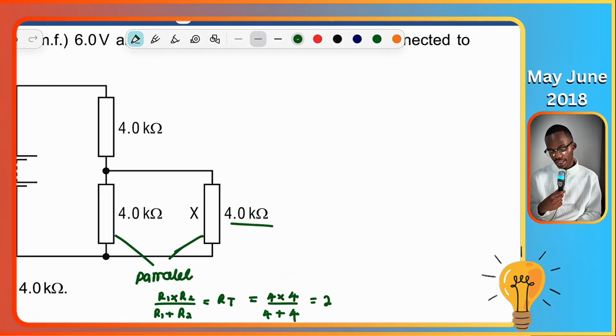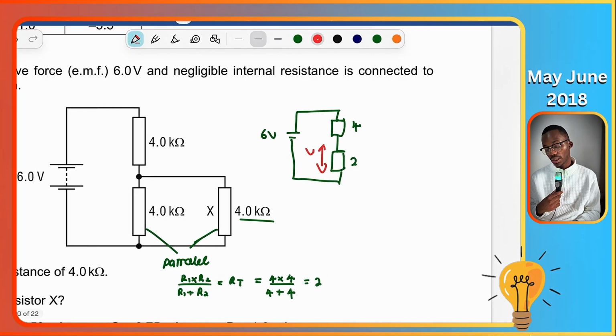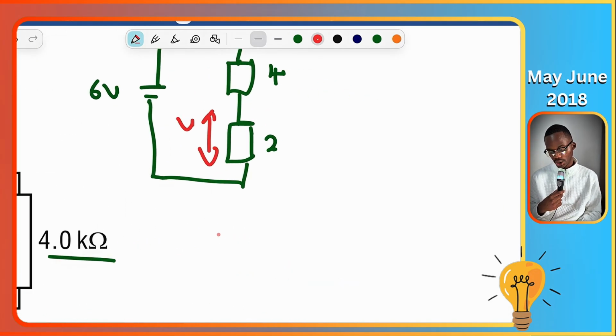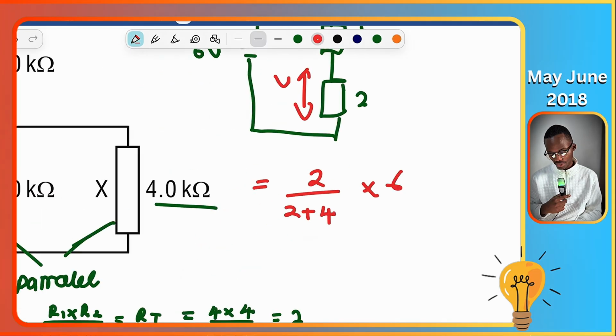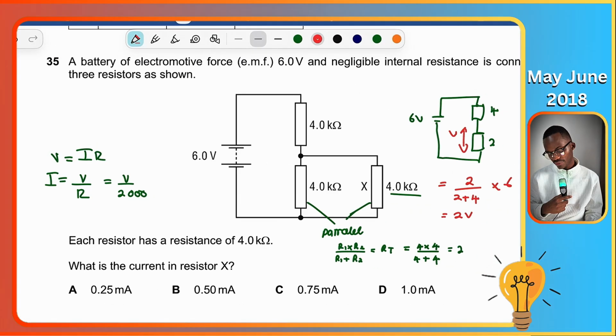So your circuit is going to look like this, where you have 6 volts, and you have 4, and you have 2. If you want to find the voltage across this one, you can apply the potential divider law. So 2 over 2 plus 4 times 6 is 2 volts. So we're going to end up with 2 volts across here, 2 volts across here.